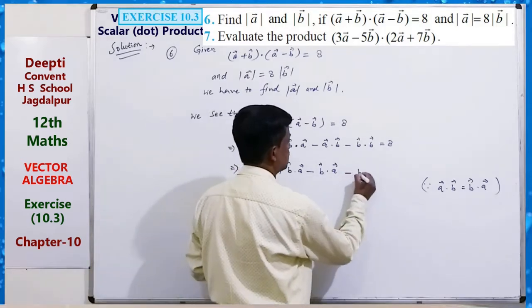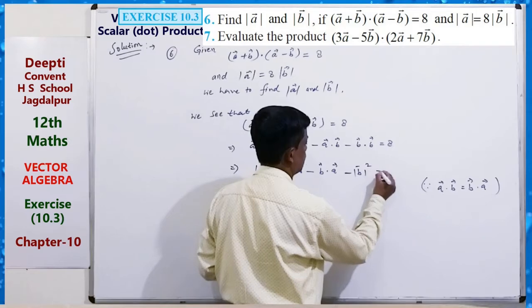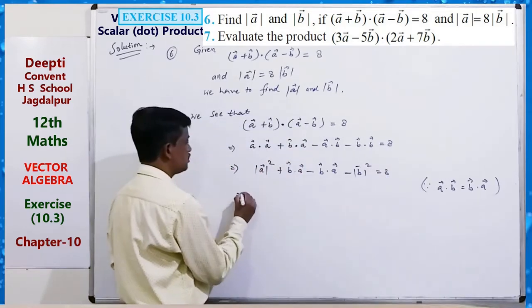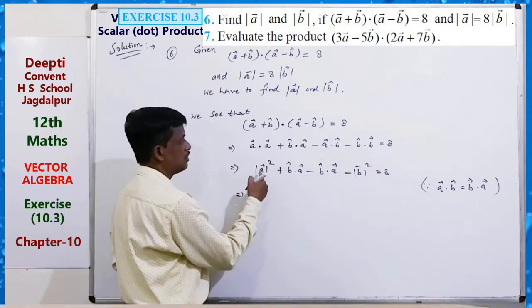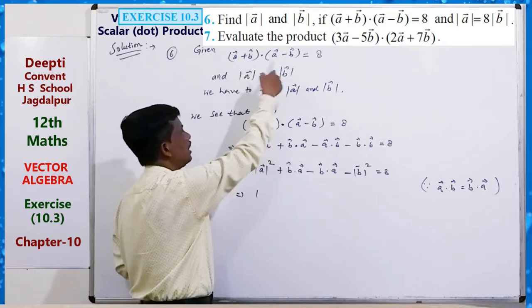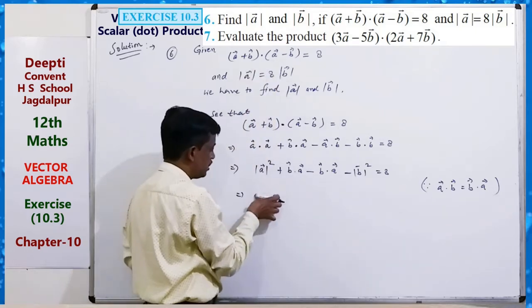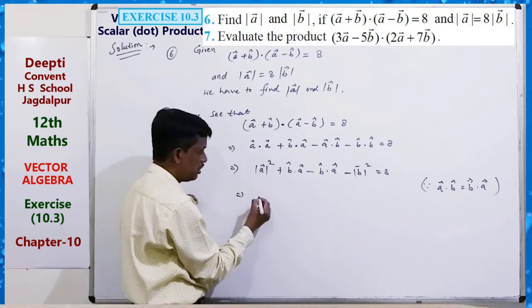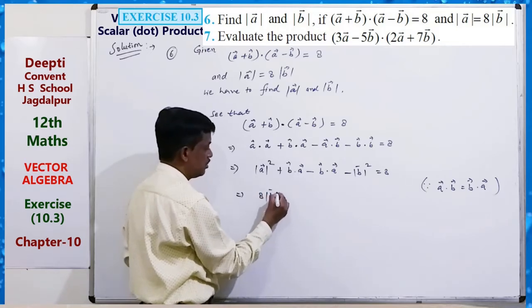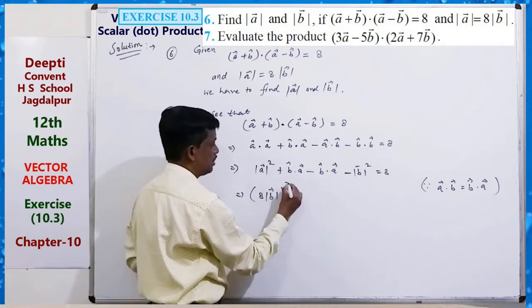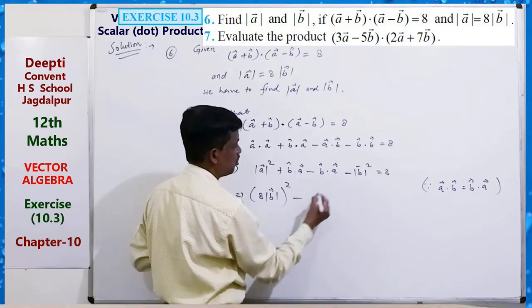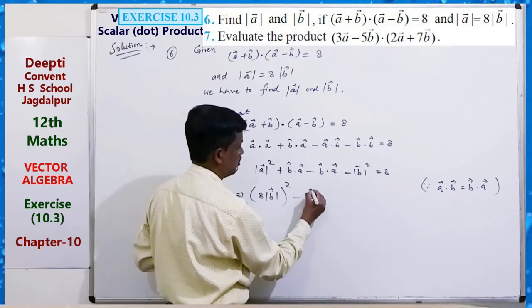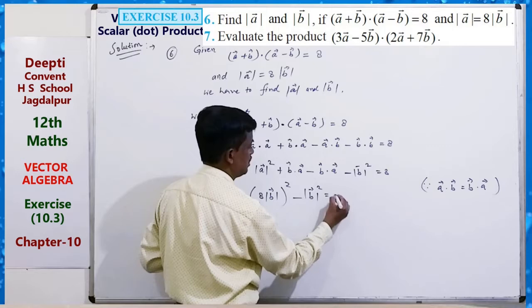And here minus mod B square equals 8. So mod A equals 8 mod B. So we can write in place of mod A, 8 mod B, and this gives minus mod B square.